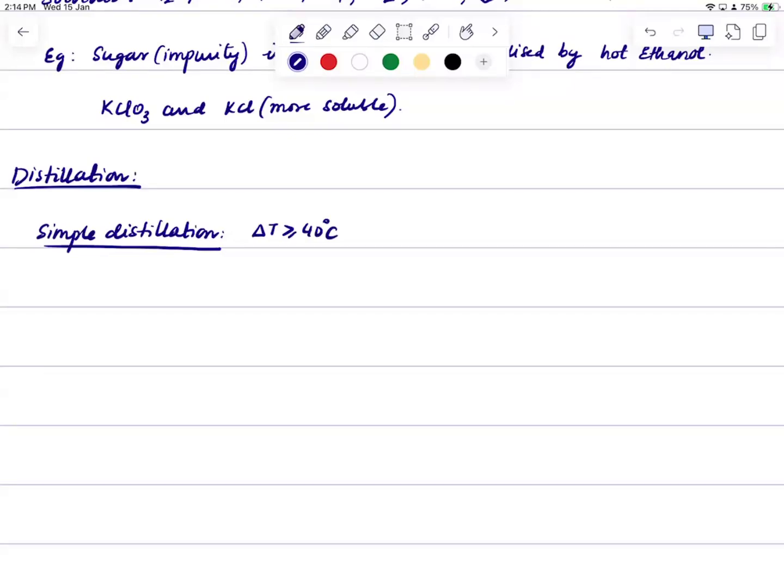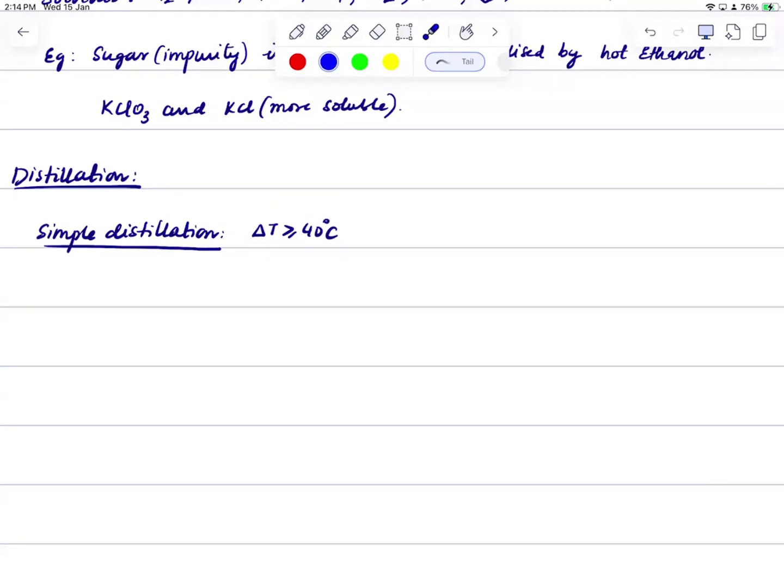In JEE Mains questions, they sometimes use 30 degrees or even 25 degrees. Then simple distillation can be chosen if the option does not have fractional distillation.